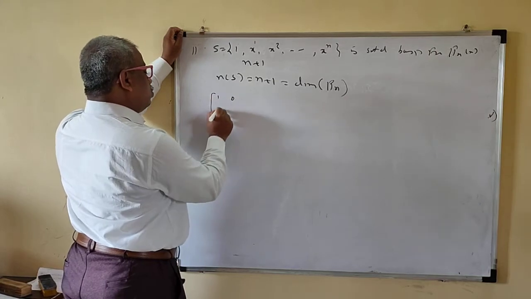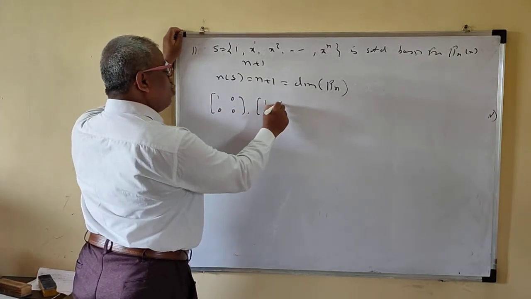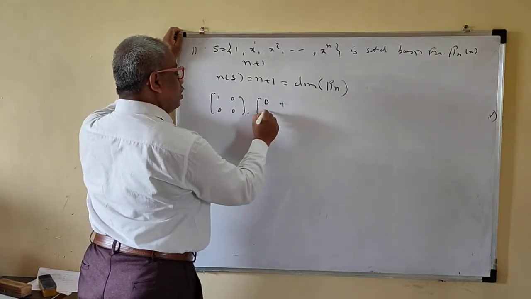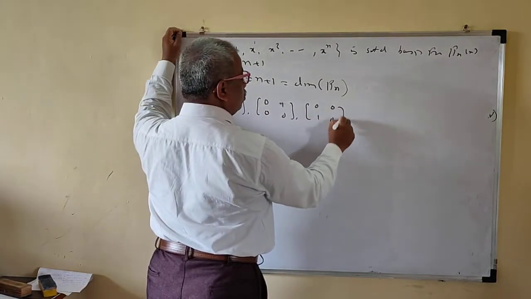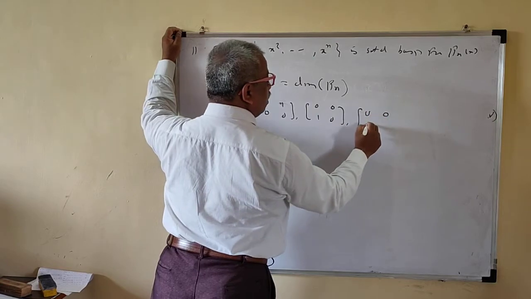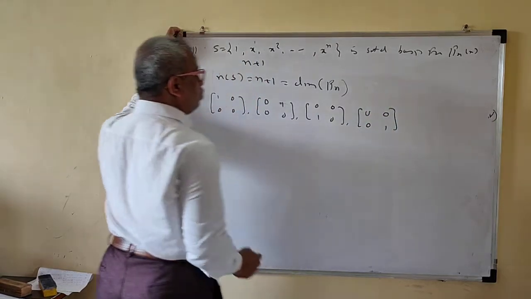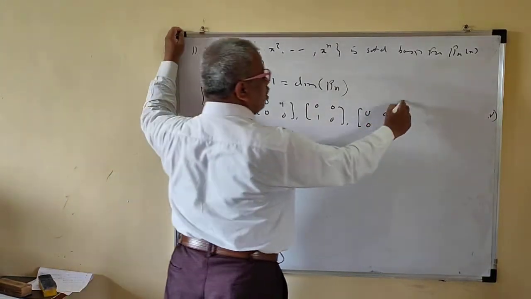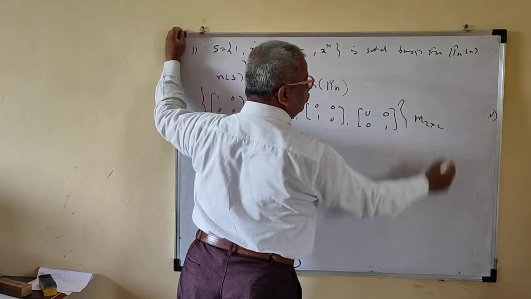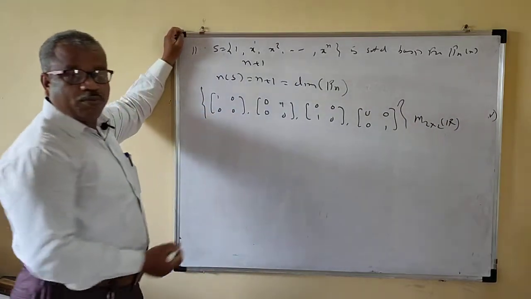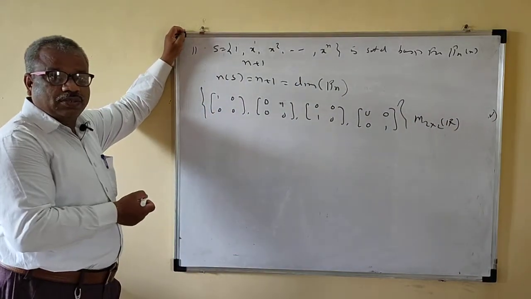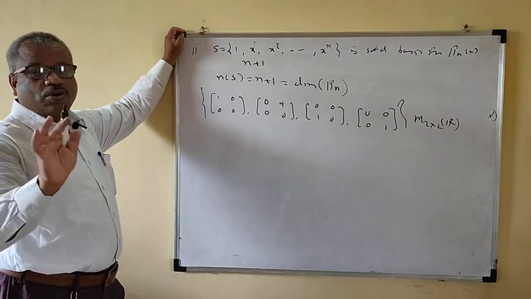Now see this: the matrices (1 0; 0 0), (0 1; 0 0), (0 0; 1 0), (0 0; 0 1). You just have to shift the 1. Because we have taken square matrices of order 2, this is the standard basis of M2x2 over R. How many vectors are there? 4 vectors are there.